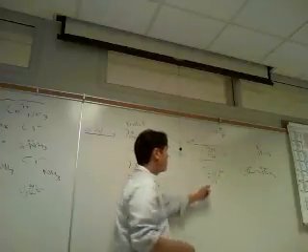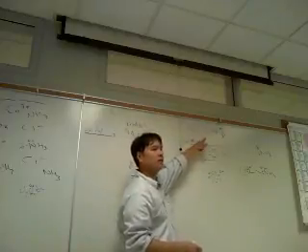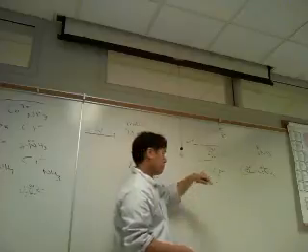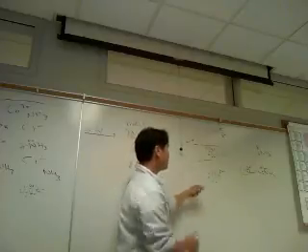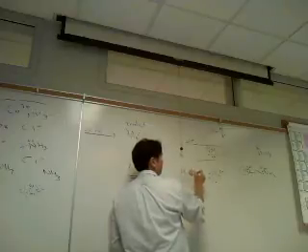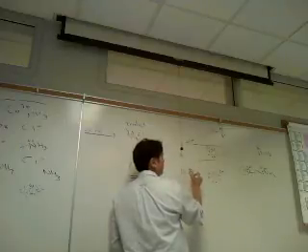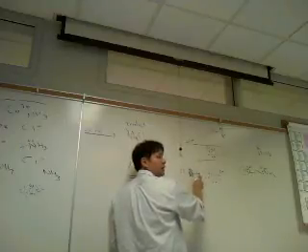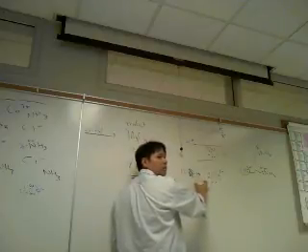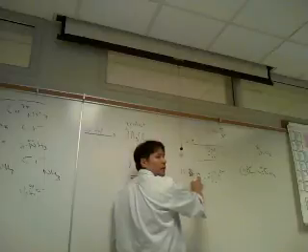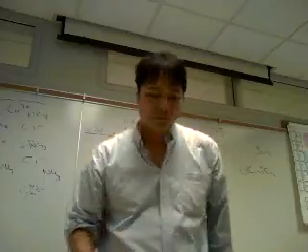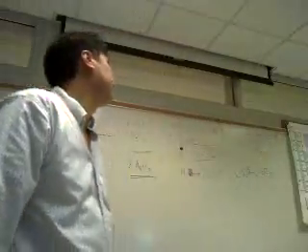Do you see oxide is going to be a much more powerful base? So if you have a competition, who's going to win? Oxide. In fact, oxide is powerful enough to pluck hydrogen off water easily. And so oxide's not stable in water. Oxide will react with water immediately to form hydroxide. It's called the leveling effect.